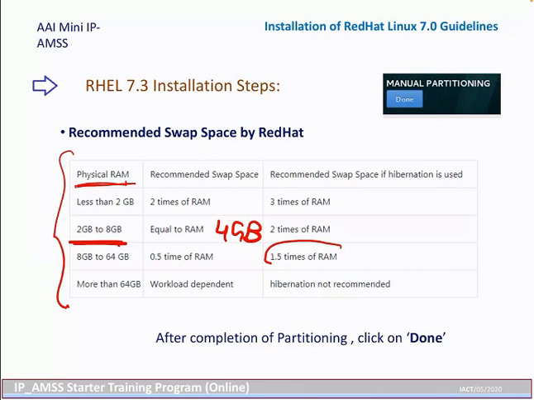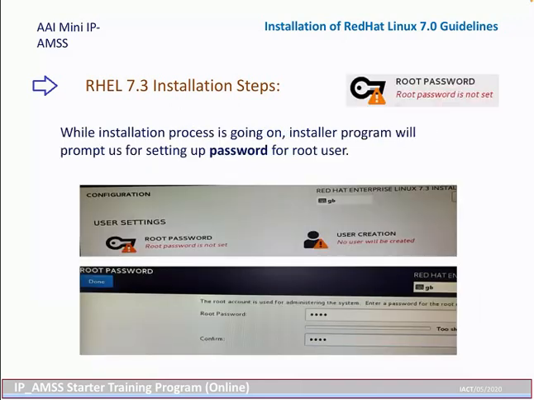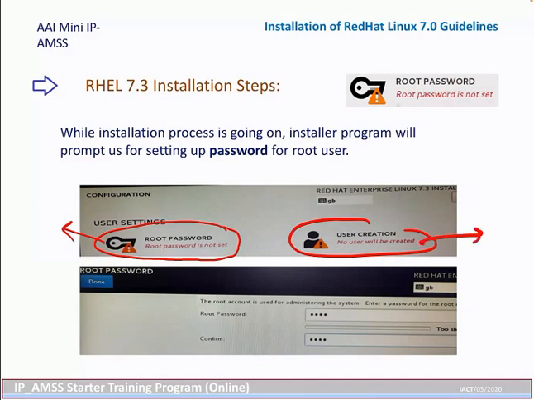So now we have seen how to create mount points and the software selection. After this we will select begin installation. Once you begin installation, there will be two options that you need to enter. First is the root password and second is the user creation.